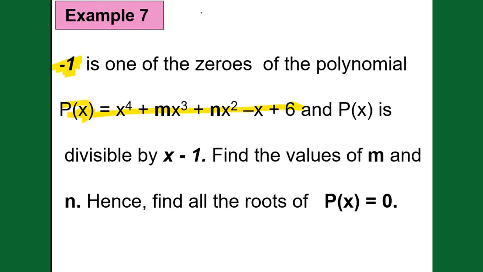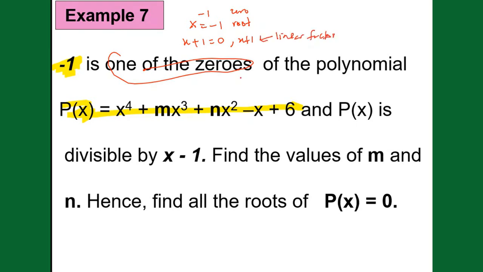Jadi sekarang ni negative 1 one of the zeros. So x is equal to negative 1 zero, root. Then x plus 1 is equal to 0. So x plus 1 linear factor.